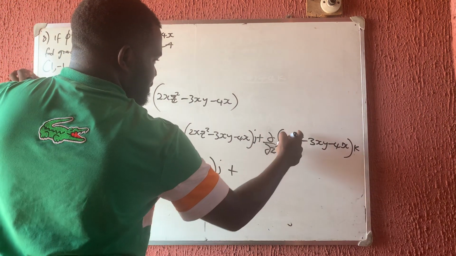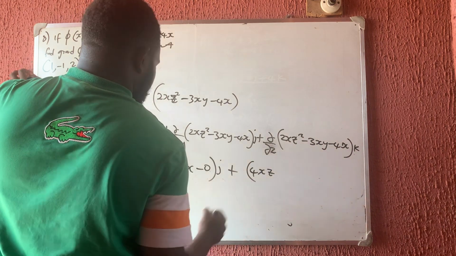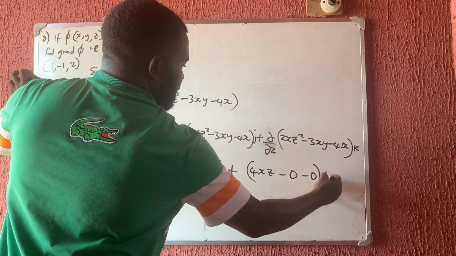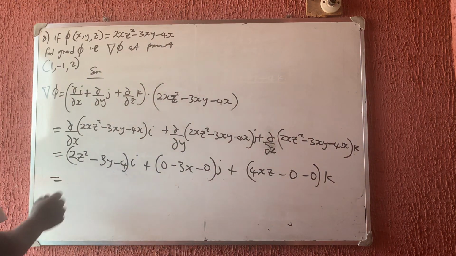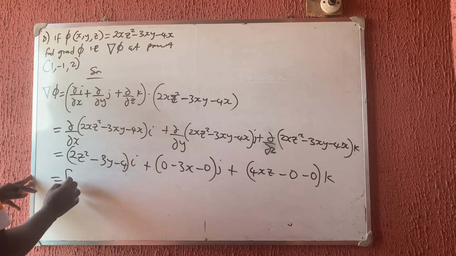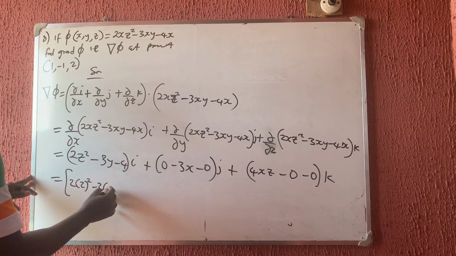Differentiate this one with respect to z, I have 4xz, and with respect to z, I have 0, still 0, I have my k. Now if I substitute the point they gave me, I have 2 into 2 squared minus 3 into minus 1.